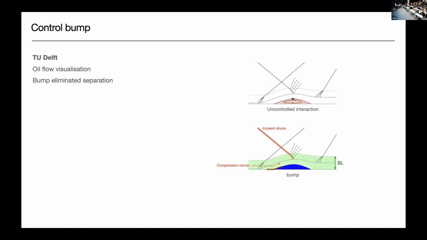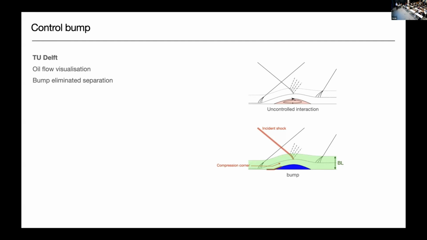So how does this boundary layer remain attached? Because the shape of the bump is the same as the separation bubble, we know that this compression corner angle must be less than what would be required to create a separation, because if that were not the case, you would, in the uncontrolled interaction, have a different angle of the bubble.